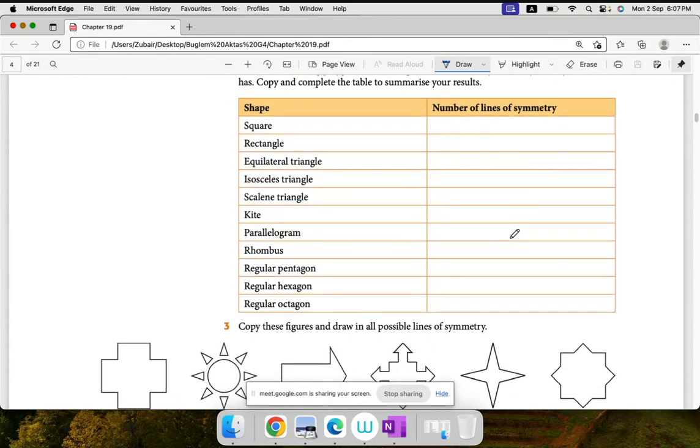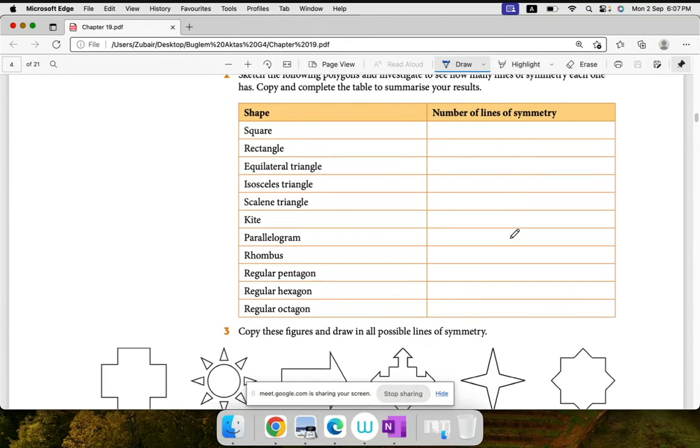Now, this is a small exercise. Square, how many lines of symmetry? 4. Rectangle, 2. Equilateral triangle, 3. Isosceles triangle, 1. Scalene triangle, 0. Kite, 1. Yes, the diagonal one.